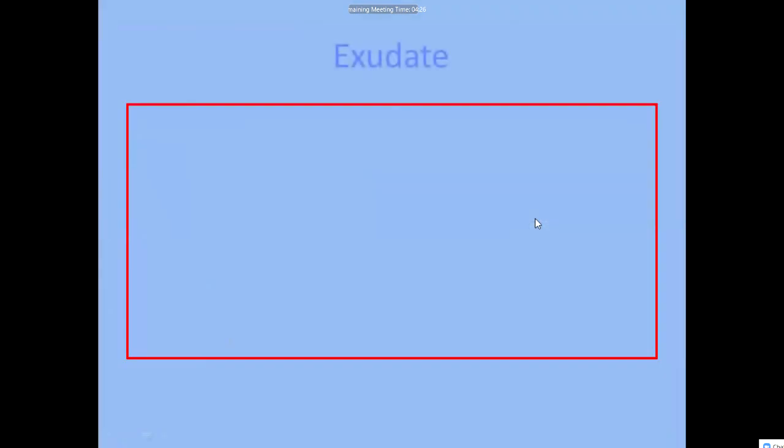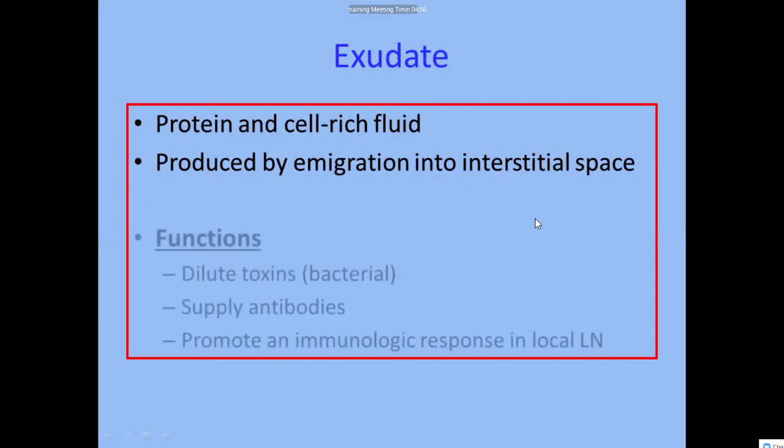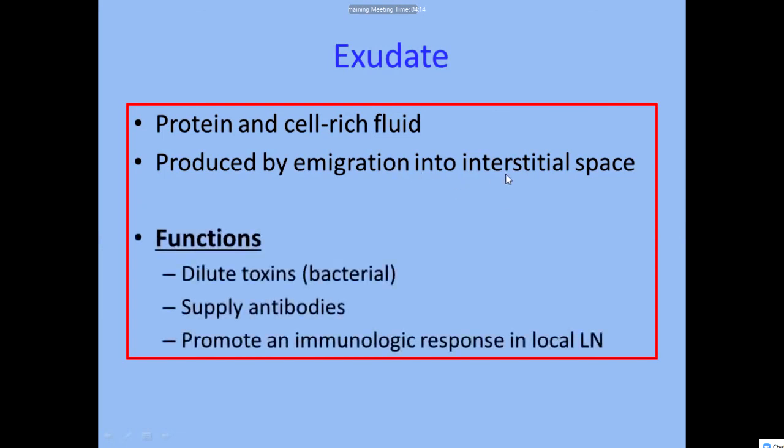Exudate is a protein and cell rich fluid produced by emigration into the interstitial space. When the endothelium contracts and the endothelial gaps open, RBCs, plasma proteins, leukocytes, neutrophils, everything comes into the site of injury.